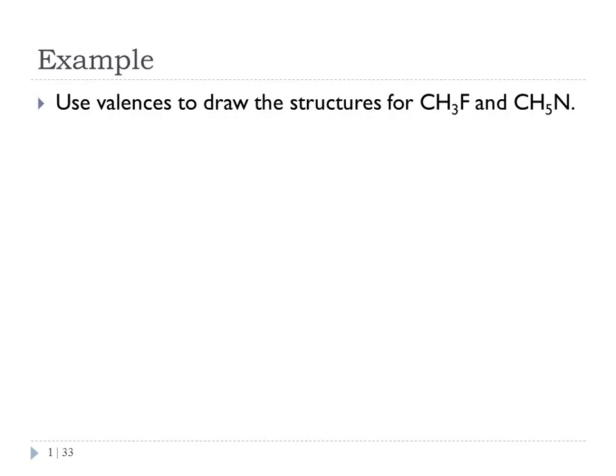So use valences to draw the structures for fluoromethane and CH5N. Don't want to go to the name of that. Okay, so what's the valence for carbon? 4. And for hydrogen? 1. Hydrogen is trying to be like helium, so it needs 1 more bond.